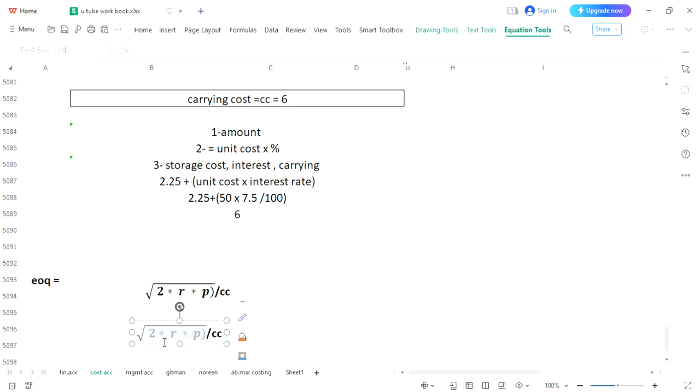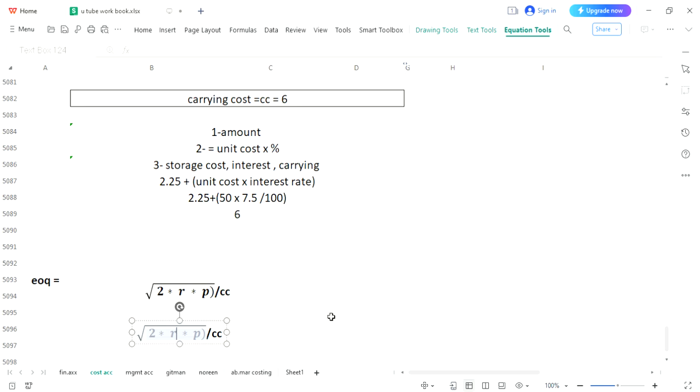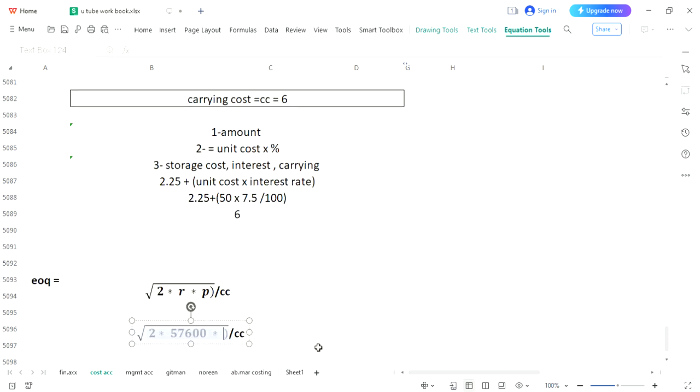2 is in our formula, and in place of R we will put annual requirement, and annual requirement was mentioned over here, 57,600. So you can put 57,600, and then you need to multiply with the cost of placing an order, P. The cost of placing an order was 300, so just put 300 over here and then close the bracket.